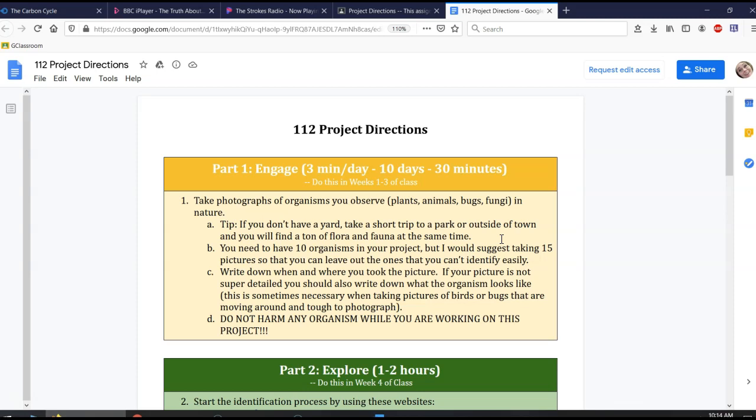So if you can get to a place where there's a lot of natural flora and fauna, flora means the plants and fauna means the animals, then that would be a really good place to take these pictures. I've taken all of mine in my backyard and my front yard because I live kind of near the desert and I have a lot of things hanging out in my yard.